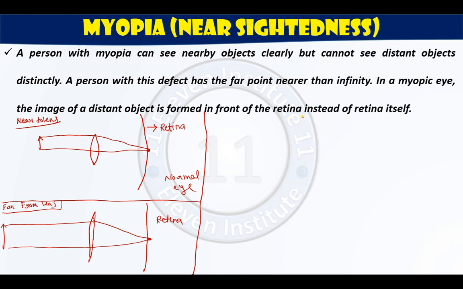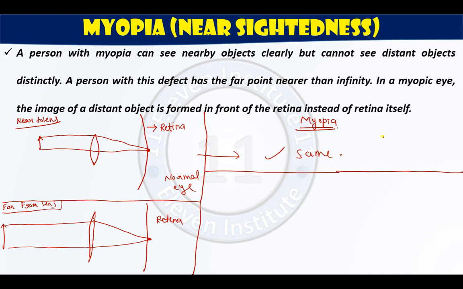Now let us talk about a person who is suffering from myopia. Such a person does not have any problem in seeing the objects which are near to the lens. So this condition will be the same, or this diagram will be the same.